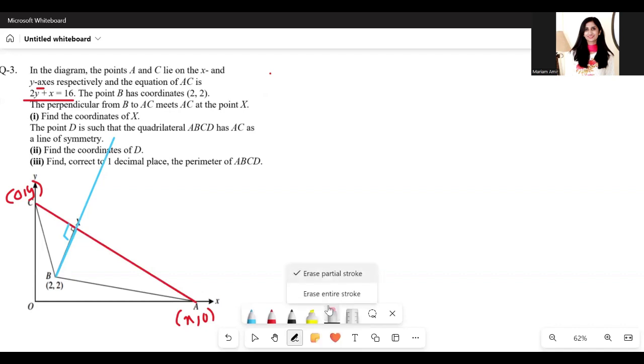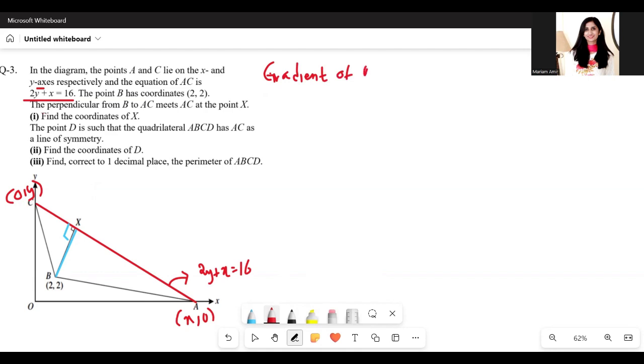Okay, so let's first talk about the gradient of the line AC, which is, let me mark it here, 2y plus x equals 16. So what's the gradient of this line? First thing we're trying to find is the gradient of AC. So let's rearrange the equation in the form y equals mx plus c.